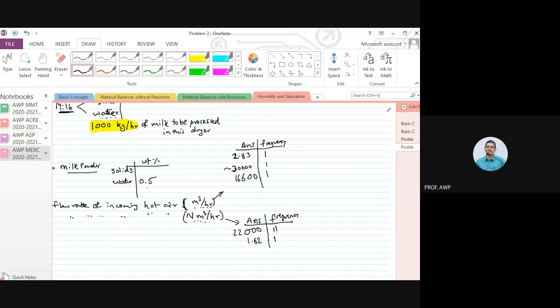Anybody would like to volunteer, especially those who have not volunteered so far? Otherwise, I'll just have to say some random name. Prashasti, are you there? Would you like to volunteer?